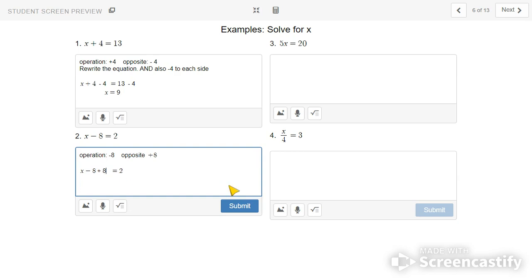I'm going to have plus 8 and a plus 8. When we simplify the left side, I only have x remaining, and on the right side, 2 plus 8 gives us 10.